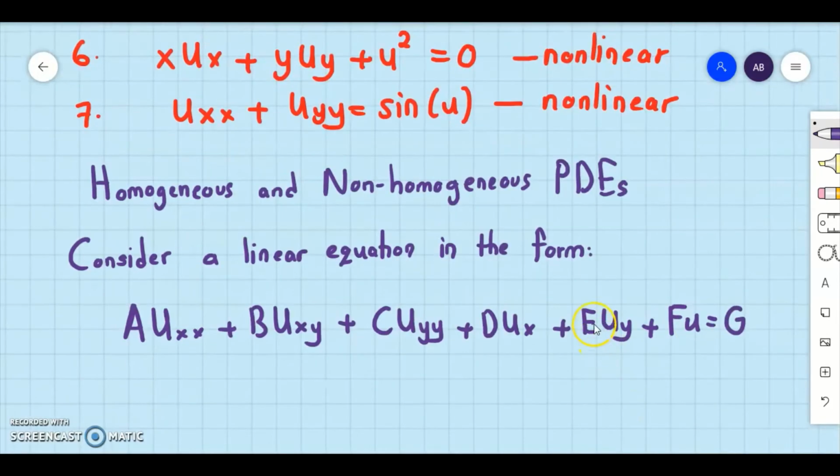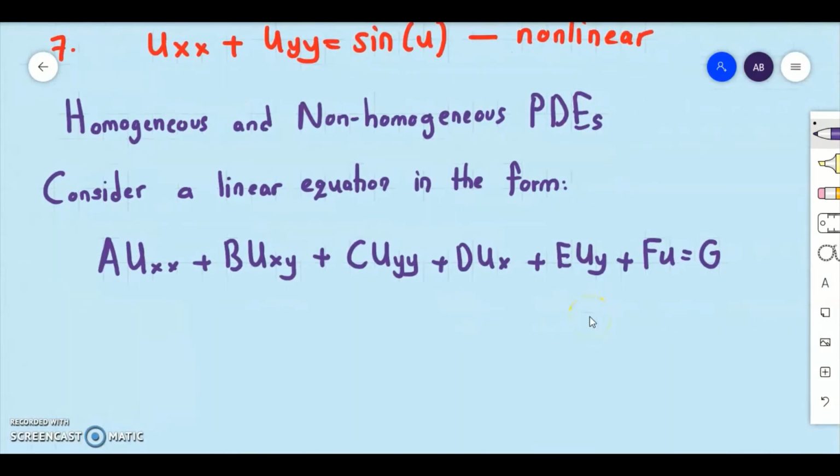Okay, if you look at my writing here, my u looks like a big U. It's actually my small u. So I don't want you to get confused. Okay, this is all my small u. So what it tells here is that A, B, C, D, E, and F are constants.